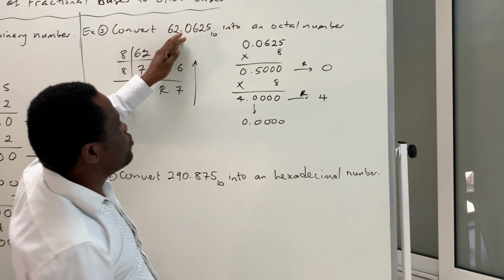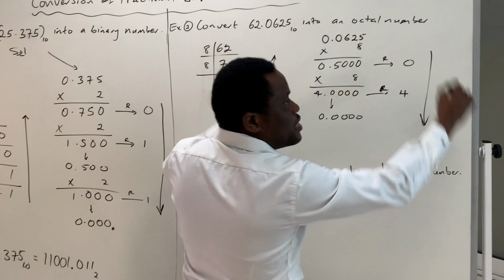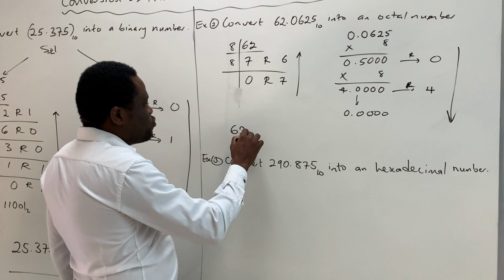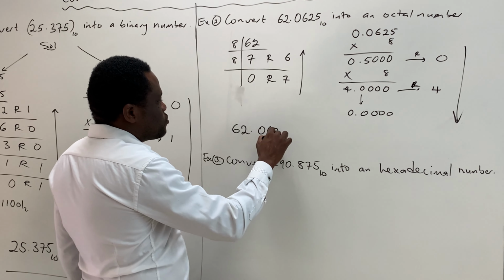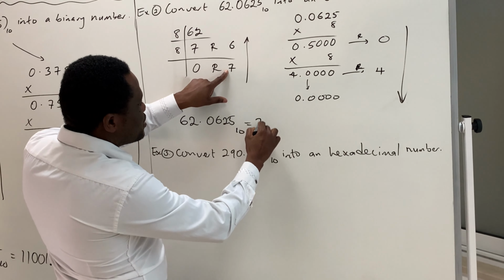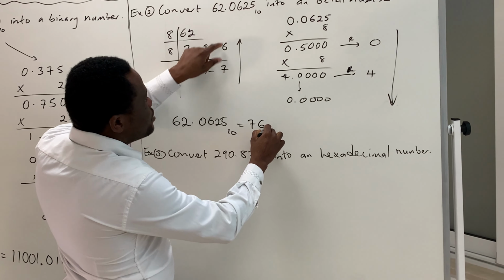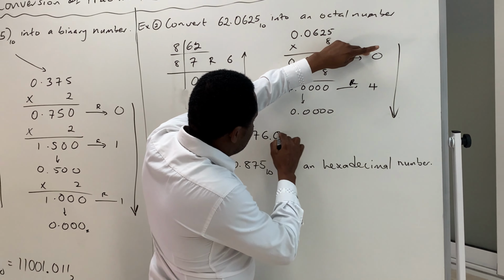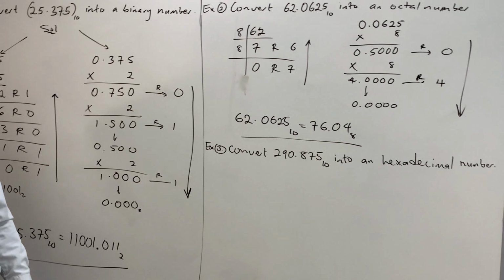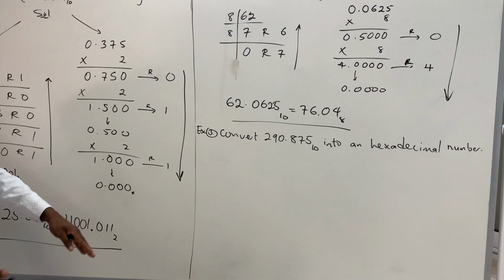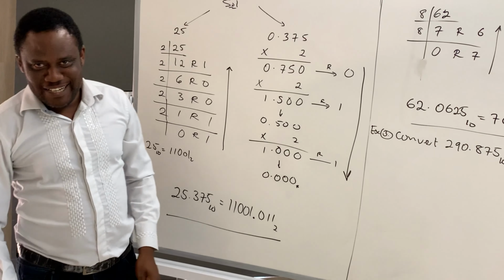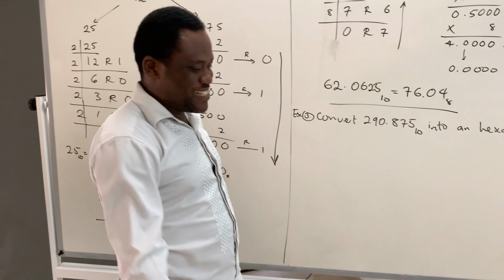This one is read down, up, and this one up, down. So which means 62.0625 in base 10 is equivalent to 76.04 in base 8. See, the gap I finish it. I've calculated it, I didn't estimate it. That's not an assumption. Mathematics is very sweet.